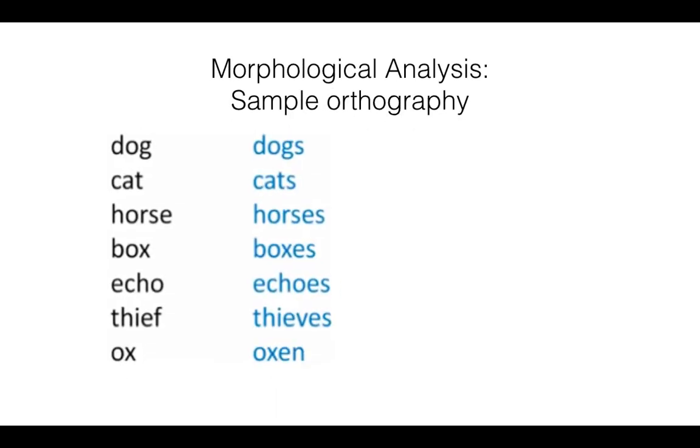Now, the first thing we do. This is the normal data as we use it. This is how we use it: we speak them and we write them. So: dog, dogs, cat, cats, horse, horses, box, boxes, echo, echoes, thief, thieves, ox, oxen.